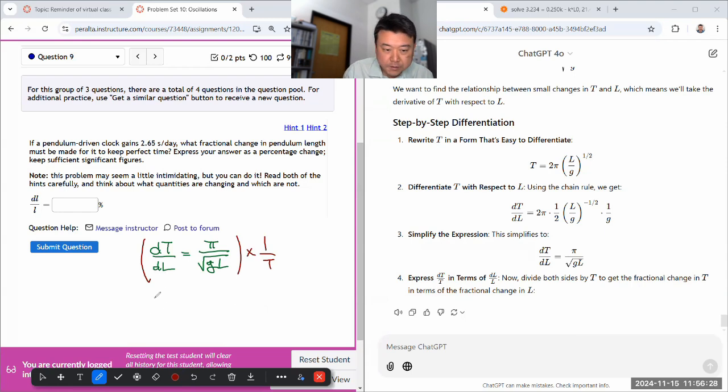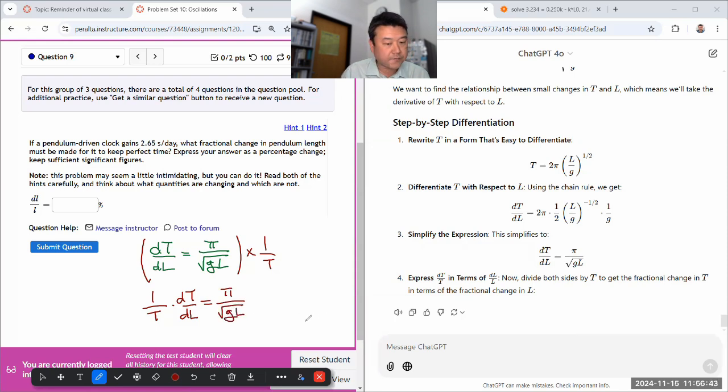That actually gives you a pretty ugly expression: 1 over t times dt over dl is equal to pi divided by square root of gl.